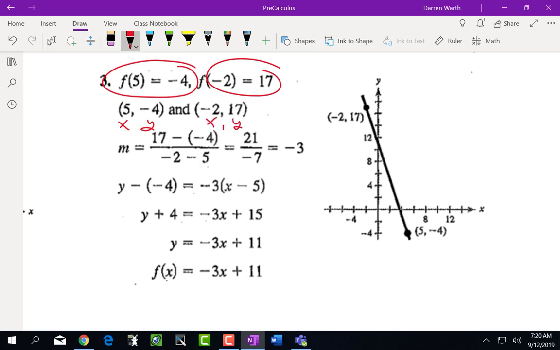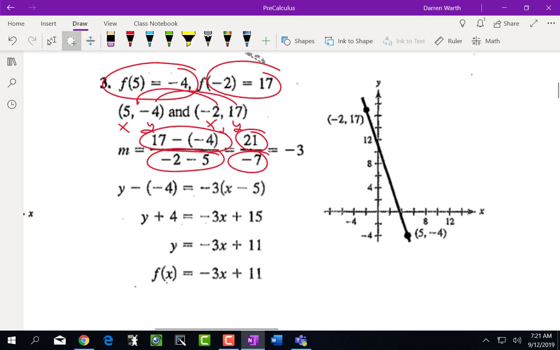Now to find the slope, you subtract these two. Subtracting 17 minus a negative 4 gives you positive 21. Subtracting our x's, negative 2 minus 5 is going to be negative 7.